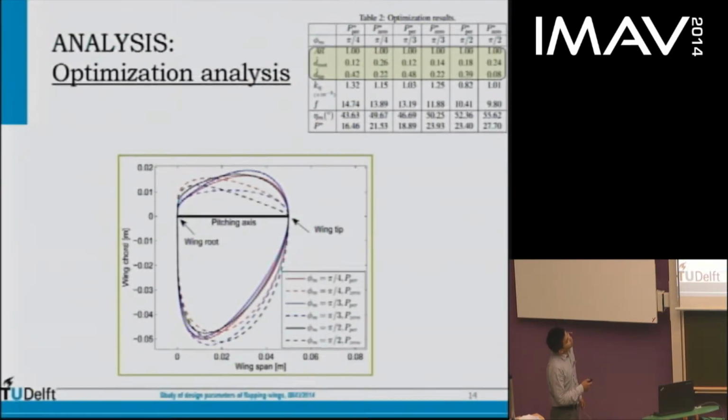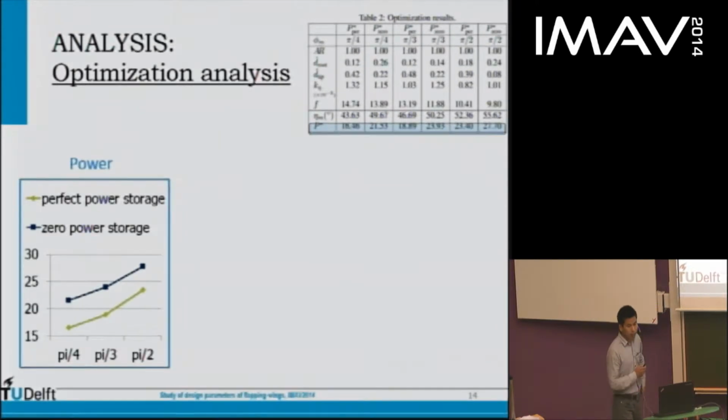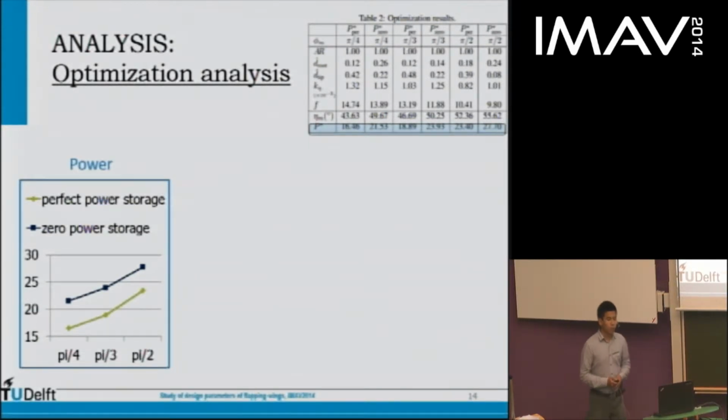You can see a curved leading edge was obtained, and the pitching axis is between the curved leading edge and the center line. As to the power, if we increase the sweeping amplitude, it can be found that for both power consumption patterns, the power increases.